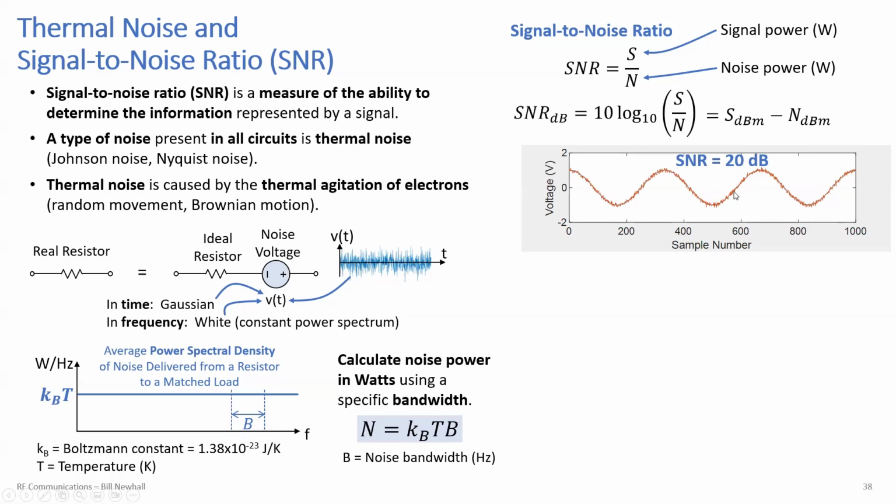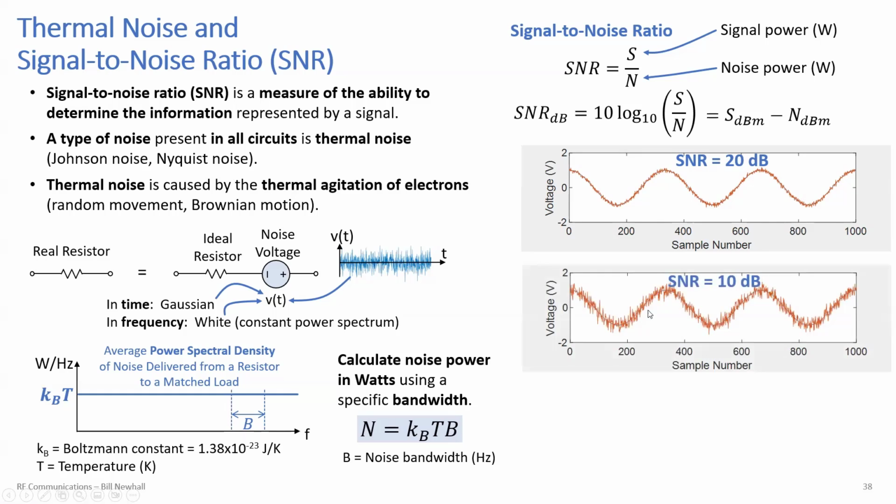It doesn't look too bad. You've probably seen waveforms like this on the oscilloscope in lab. You're looking at a really small waveform, maybe 20 millivolts or 30 millivolts or 100 millivolts, and you see some noise on it. If the noise magnitude looked about this big compared to the sine wave, that was about a 20 dB SNR.